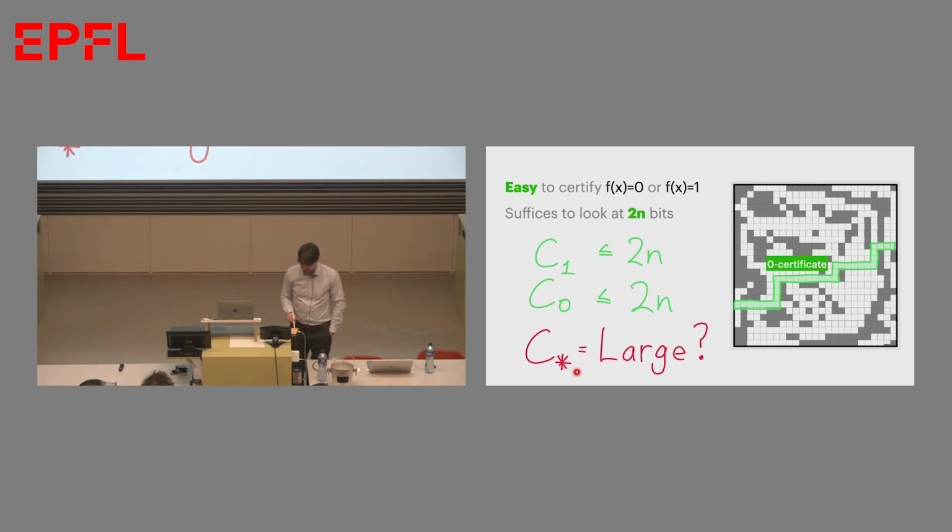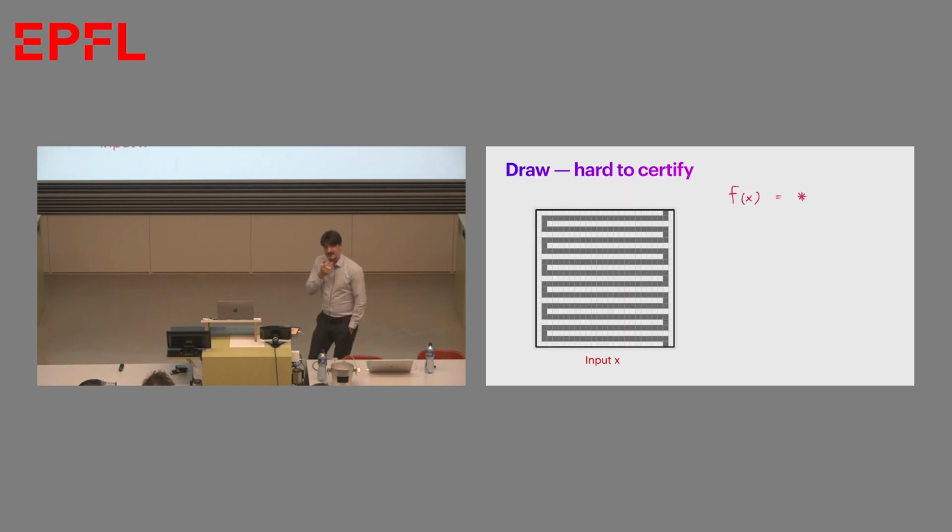So let me discuss why draws are difficult to certify here. Here's a sample input to this Hex function. It's a drawn input, so it's an x that maps to a star. What it has is a very long black path snaking around, taking order n squared steps inside the matrix.